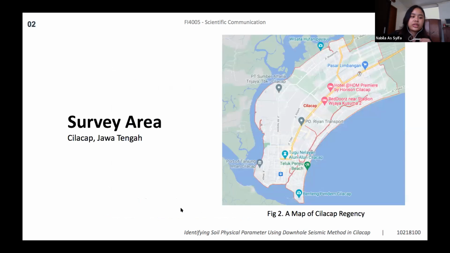Moving on to the survey area, Chilachep is located in Jawa Tengah, Indonesia, specifically in the southwestern part of Jawa Tengah, near Sakambangan Island on the Indian Ocean. As in figure 2, Chilachep is not a big town either. It's more to a seaport that was used during the Battle of Java Sea in 1942. It has roads and rail connections to the rest of Java Island.